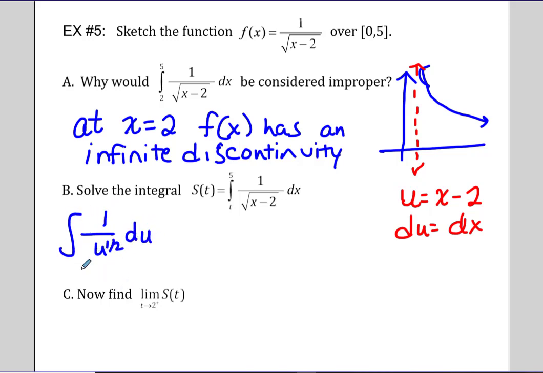I'm not going to put the limits there just yet because we're going to revert back to our x minus 2. So that's going to give us 2 times x minus 2 to the 1/2 power evaluated from t to 5. And then we want to find the limit of that.